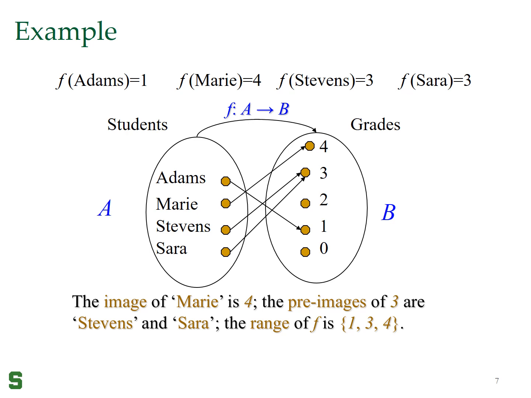So here image of Murray is 4, image of Stevens is 3, and so on. If I look at pre-image, then pre-image of 3 is Sarah and Stevens, pre-image of 0 is the empty set, and so on. The range of the function are all elements where something is pointing in over here. So it would include 1, 3, and 4.